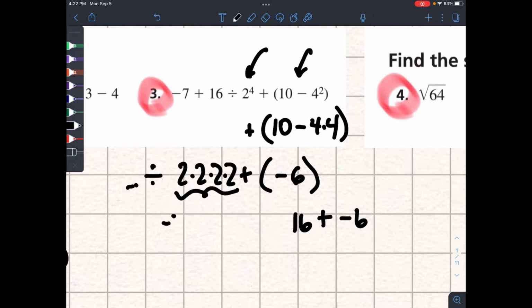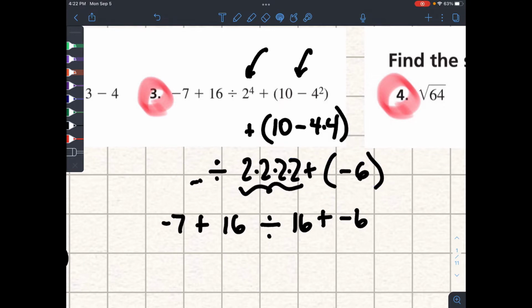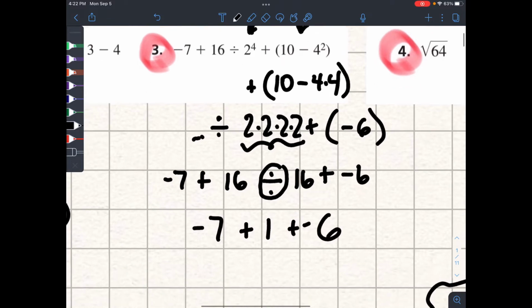And then I've got the -7 plus the 16 divided by the 16 plus the -6. So you can see kind of how that shapes out. And now, of course, we must do the division next. Okay. Yeah, 16 divided by 16 is 1. So this is -7 plus 1 plus -6.